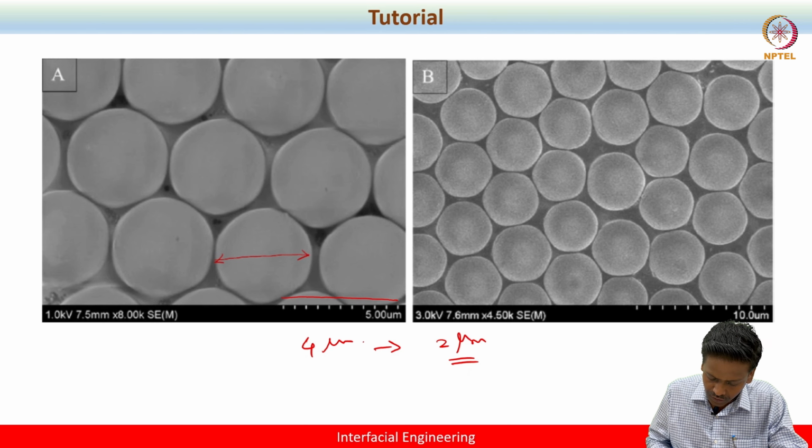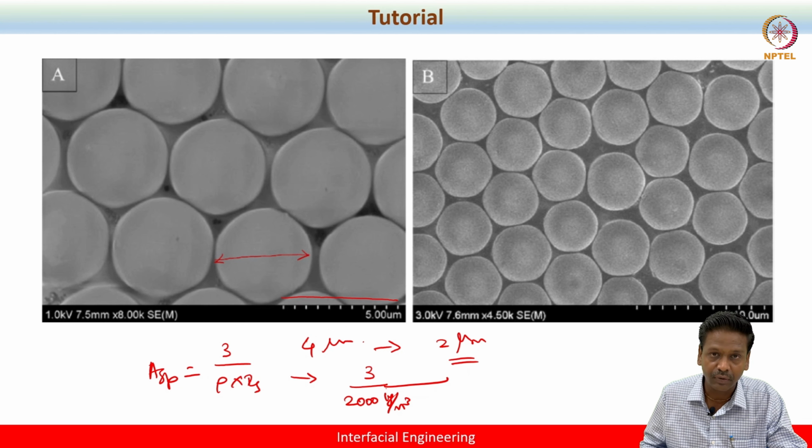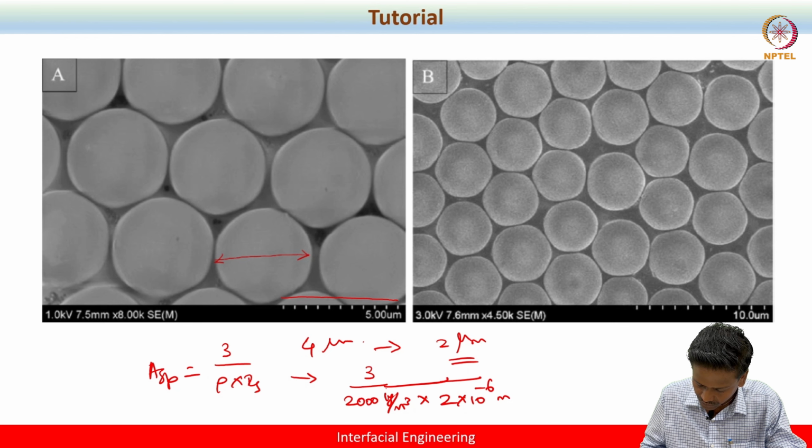We know for a spherical particle, the specific surface area is nothing but 3 by rho into R. Now we know the radius in this case. The density is approximately 2000, in SI units 2000 kg per meter cube, into radius which is 2 into 10 power minus 6 meter. Eventually what you will get here is meter squared by kg.